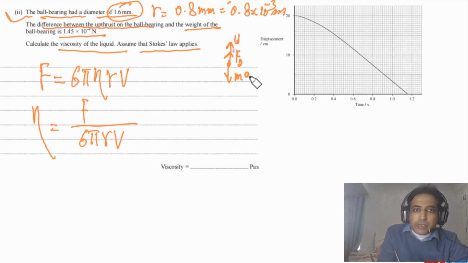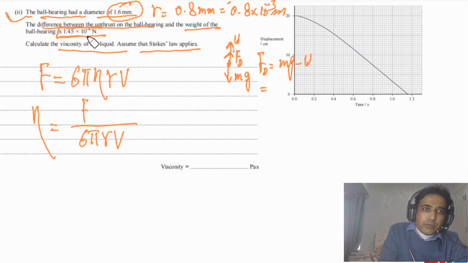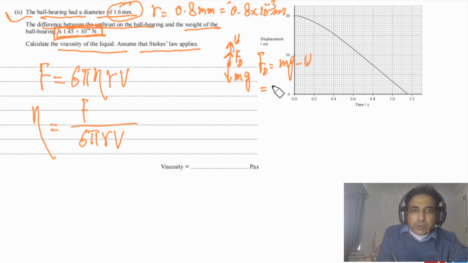So this one is mg. It is given to us that Fd is equal to mg minus u, the difference between these two forces, and this value is given to us. So this value is the drag force. Simply we can say this is 1.45 times 10 to minus 4 Newton. So we have the value of drag force, so we can update here.